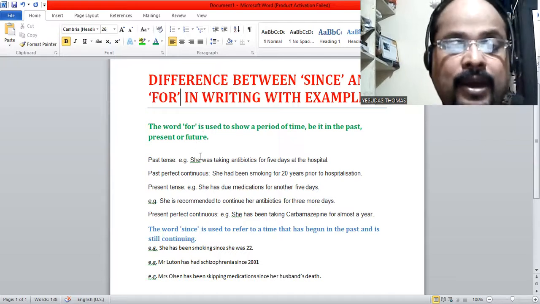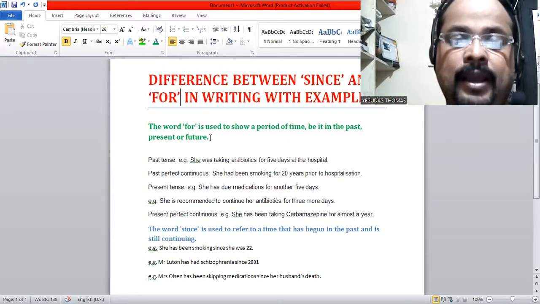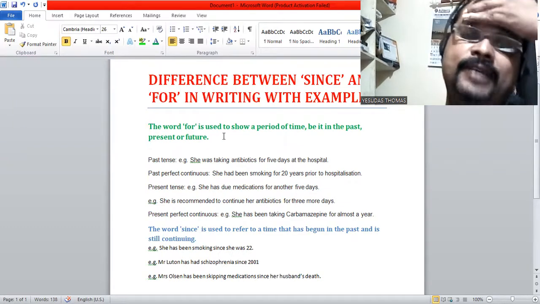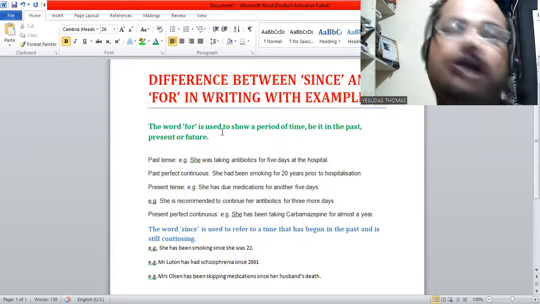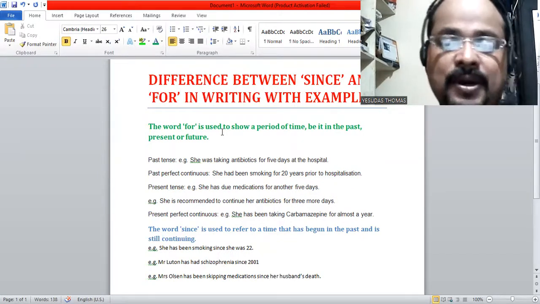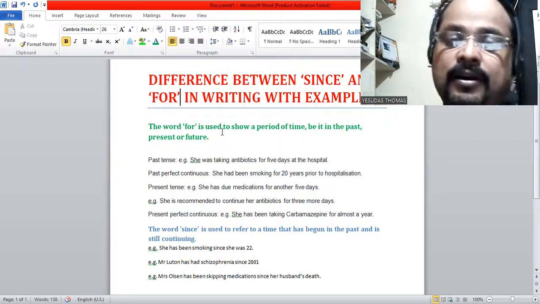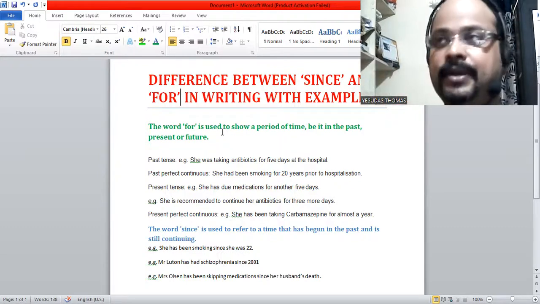Now let's go ahead with the use of for. The word for is used to show a period of time, be it in the past, present, or future. Whether it's in the past, the present, or the future, the word for is used to show a period of time.